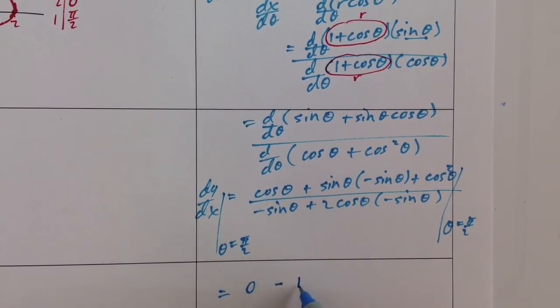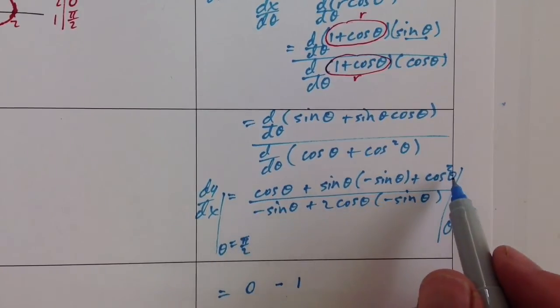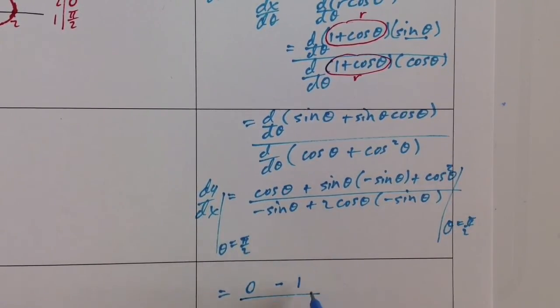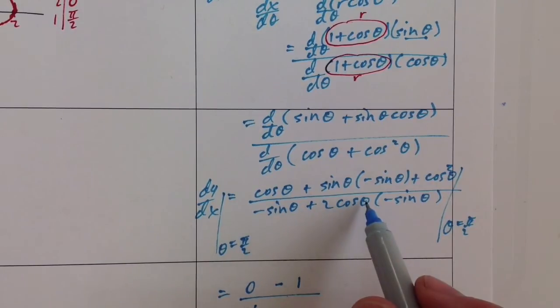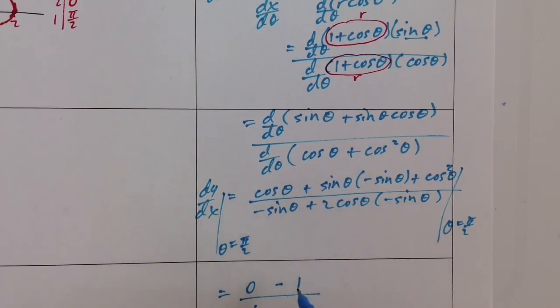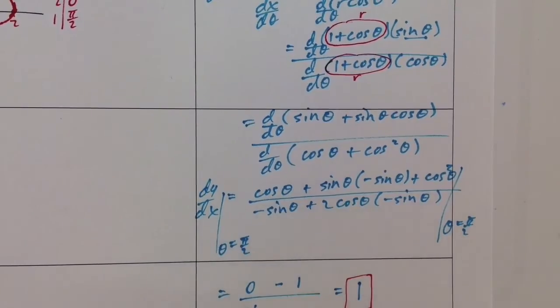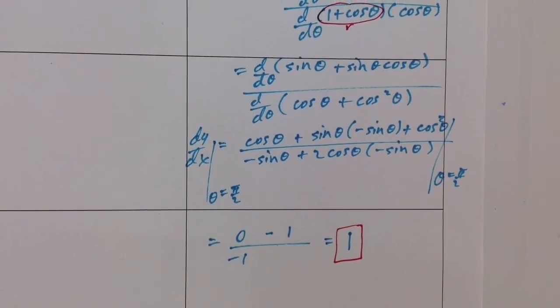So 1 times negative 1 is negative 1, plus cosine squared of pi over 2, which is 0, over negative sine of pi over 2, so negative 1, plus 2 cosine pi over 2, that's 0 times whatever, and so we get negative 1 divided by negative 1, we get 1. So I was wrong in my guess of 1/4, but I was right in that the slope is positive, and it's not 0.